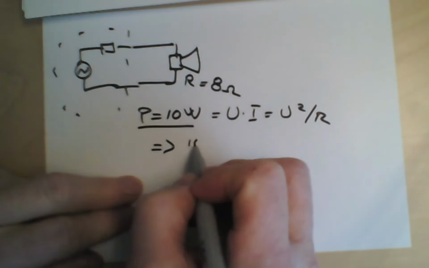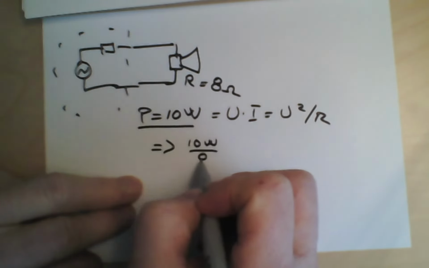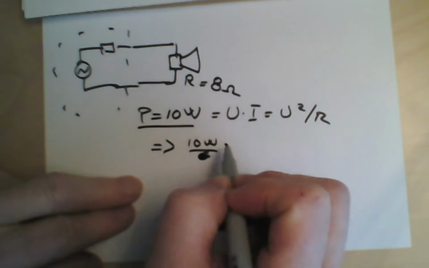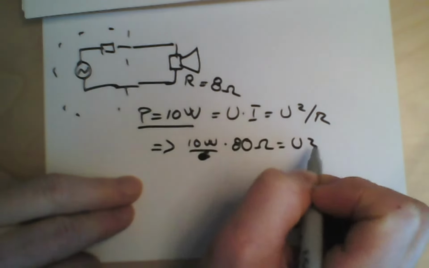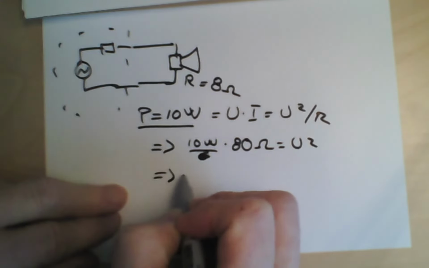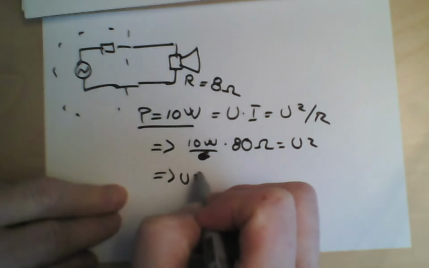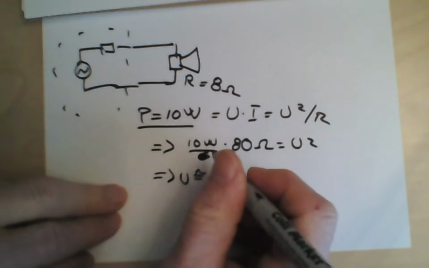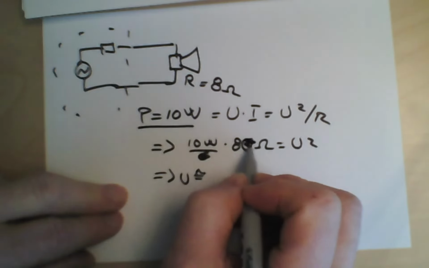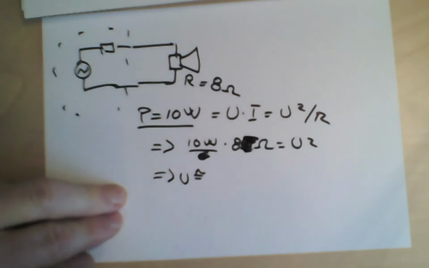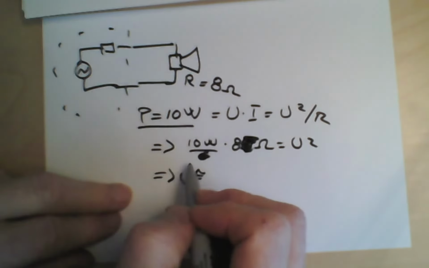Basically, then we have 10 watts multiplied by 8 ohms equals U squared, which is 80.